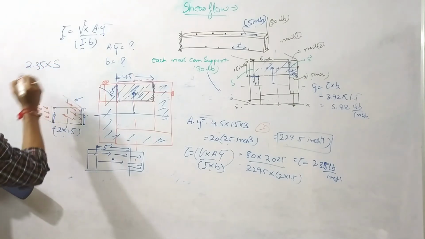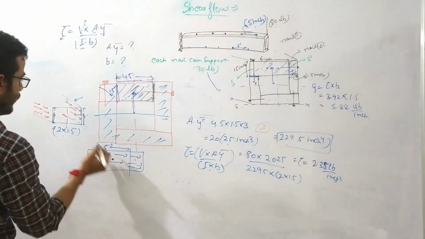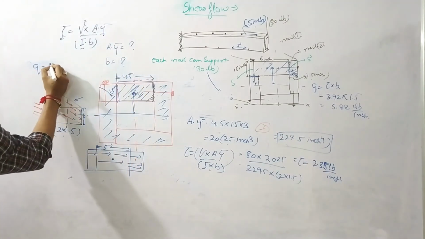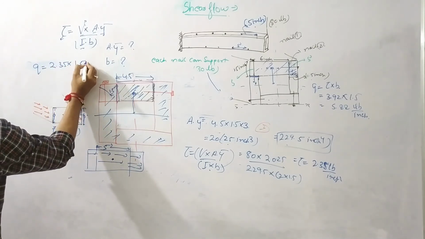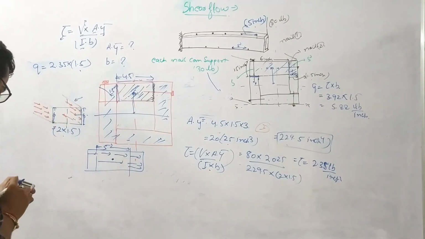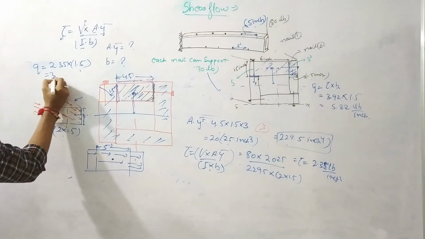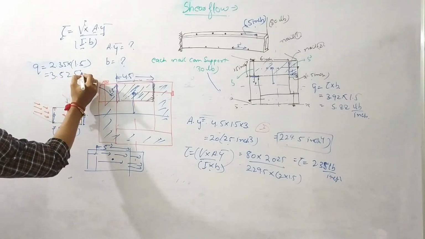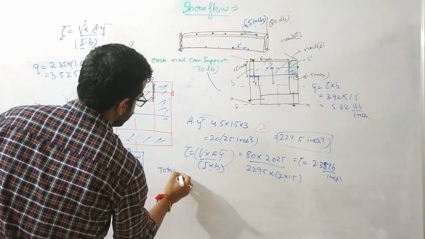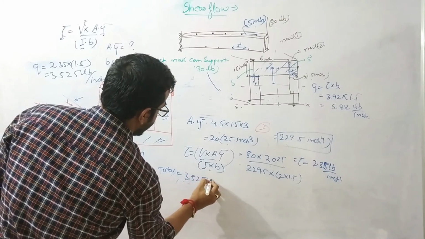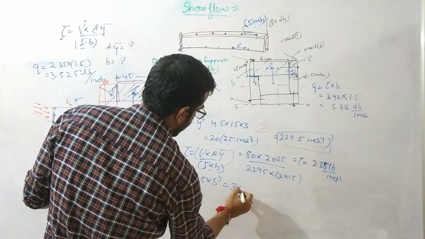So first we calculate the shear flow q at this location. q equals tau, 2.35, into b, and b for this side is 1.5 inch. So 2.35 into 1.5 is 3.525 pounds per inch. The total force for each nail will be 3.525 into spacing s dash equals 30 pounds.